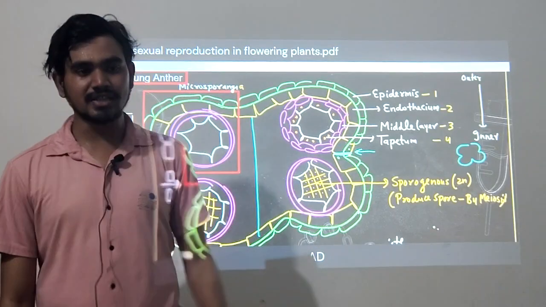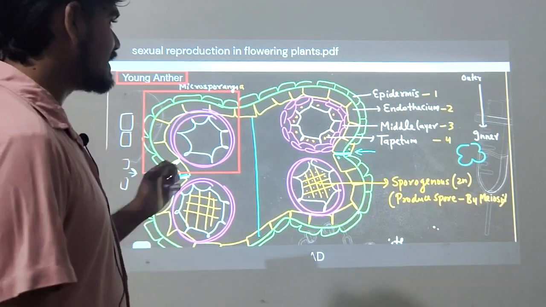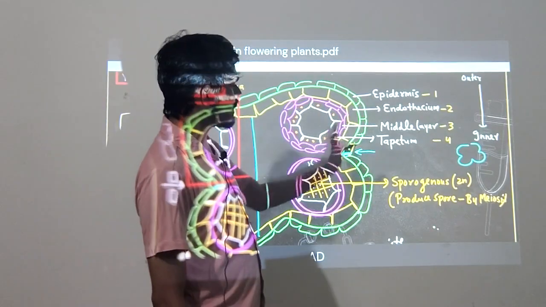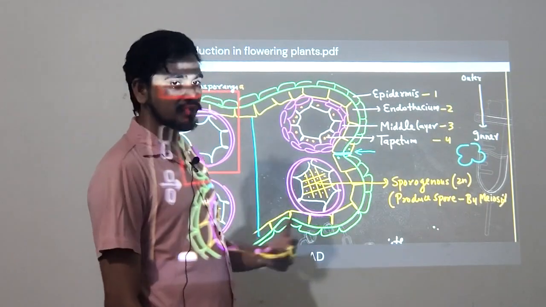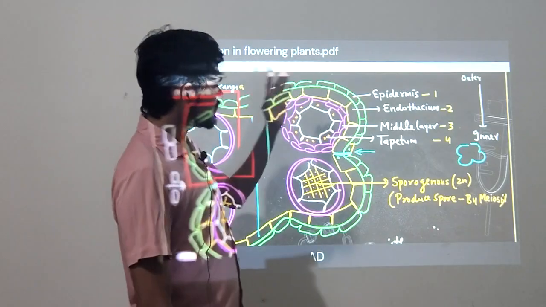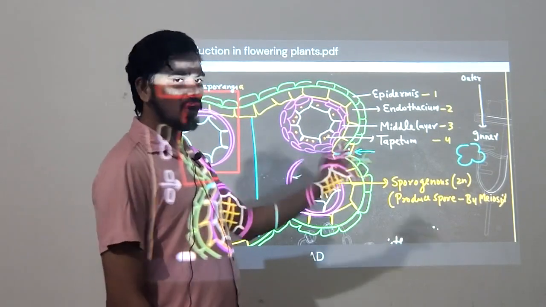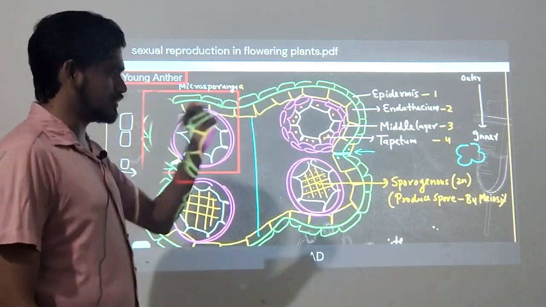So the outermost layer is epidermis and the innermost layer is tapetum. Remember this, because they can ask in a statement-wise question to arrange the layers of the anther from outer to inner, or from inner to outer.